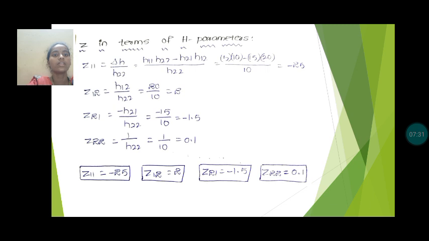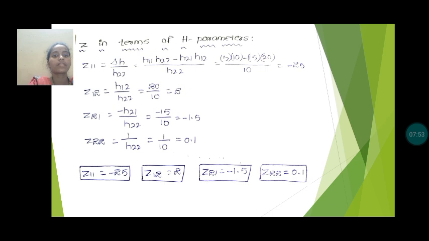Z12 equals H12 by H22 equals 20 by 10 equals 2. Z21 equals minus H21 by H22 equals minus 15 by 10 equals minus 1.5. Z22 equals 1 by H22 equals 1 by 10 equals 0.1.